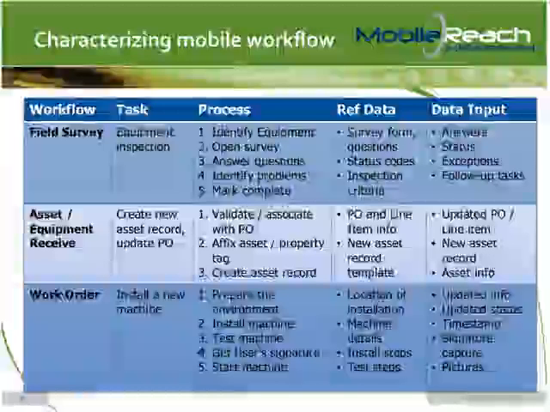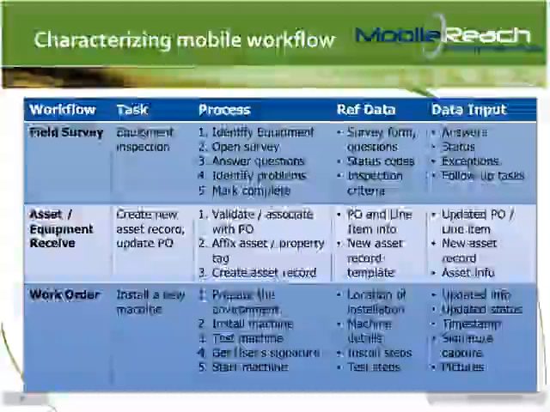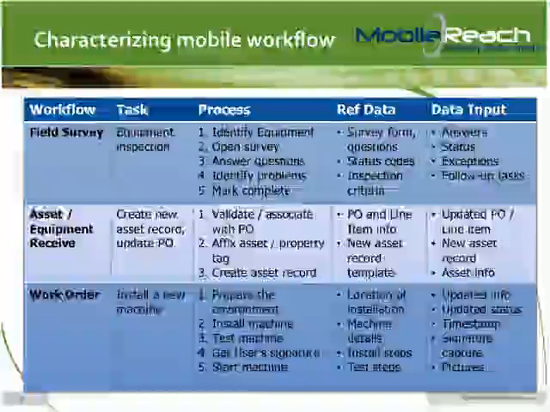And in terms of reference data, there's data that you need to pull out of the application in order to perform the survey, and then there's input that you capture during the process that needs to get pushed back into the application at the end of the day or when the survey is completed. And you see we've got the same breakdown for the asset received example and the work order example here as well.